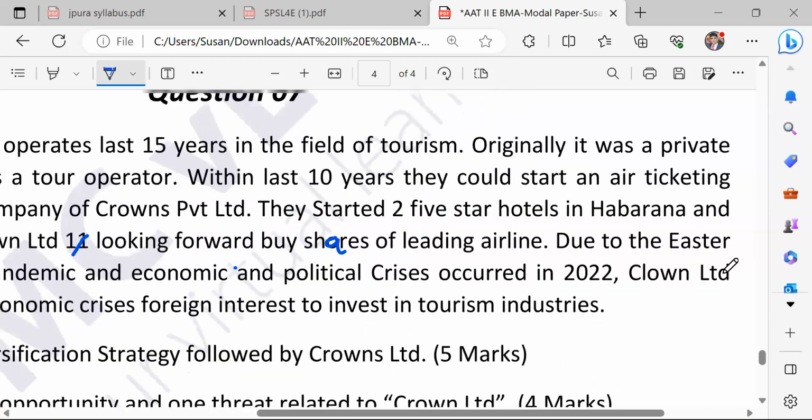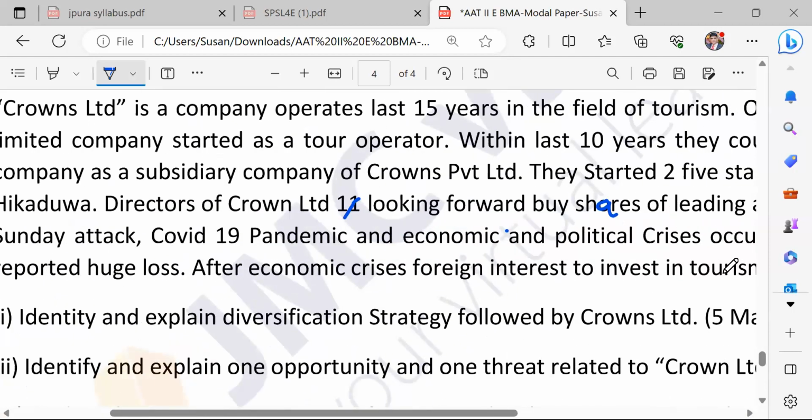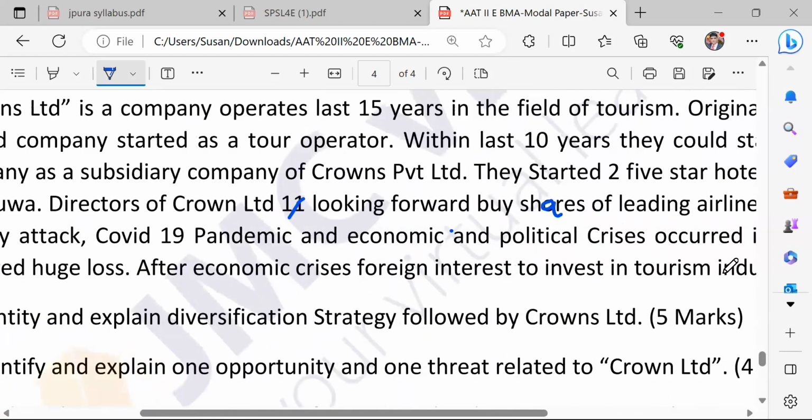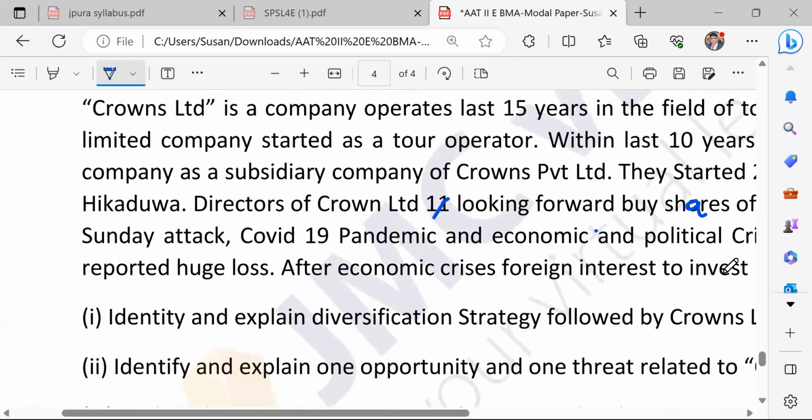Due to the Easter Sunday attack, the COVID-19 pandemic and the economic and political crisis that occurred in 2022, these are problems that we have faced, one after another. Those attacks hit the tourism industry. After the Easter Sunday attack, tourists reduced visits to Sri Lanka.